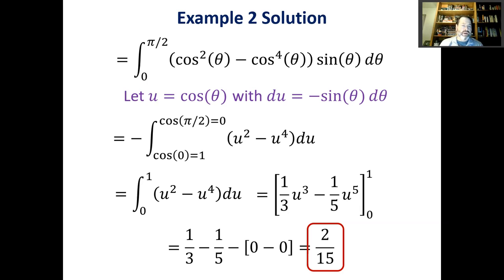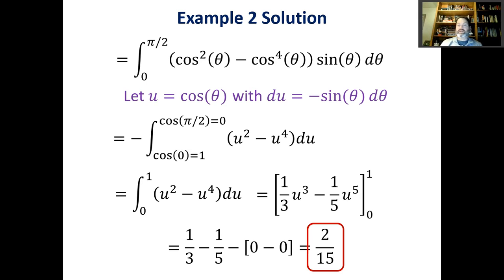So a quick note about how you know when to do what with a definite integral with two substitutions. If you don't like this method, you don't have to use it. You're allowed to do what we did in example 1 and go from u back to theta, back to x, and then plug in the original limits. That's totally fine.